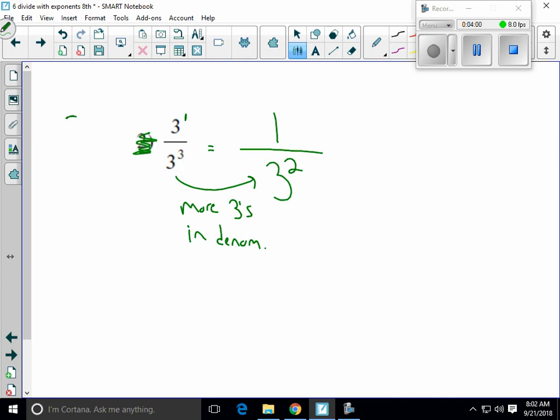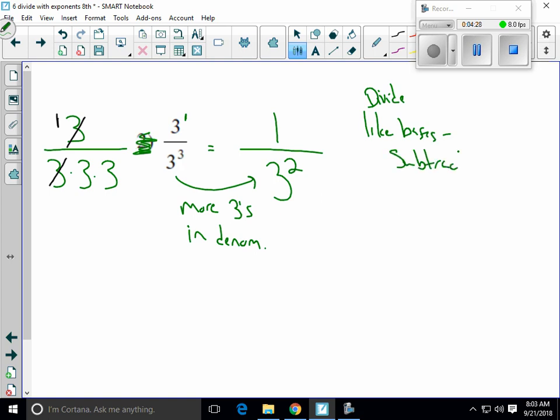On the top I would have had 3. In the denominator, I have 3 times 3 times 3. Divide those ones out. So the numerator was left with a 1, and the denominator was left with a 3 squared. So first, when you have like bases, it's a division problem. When you're dividing with like bases, you can subtract your exponents. 3 minus 1 in this case, we got the 2.